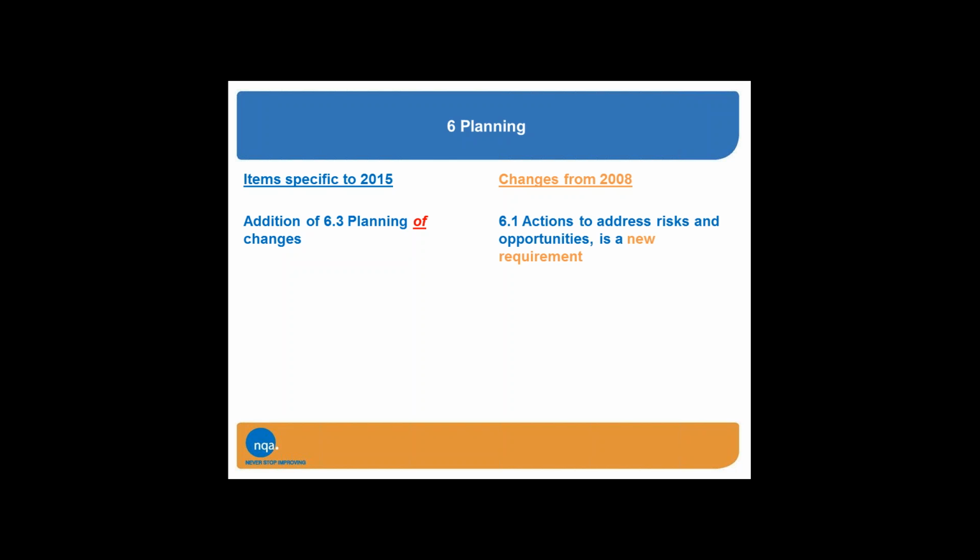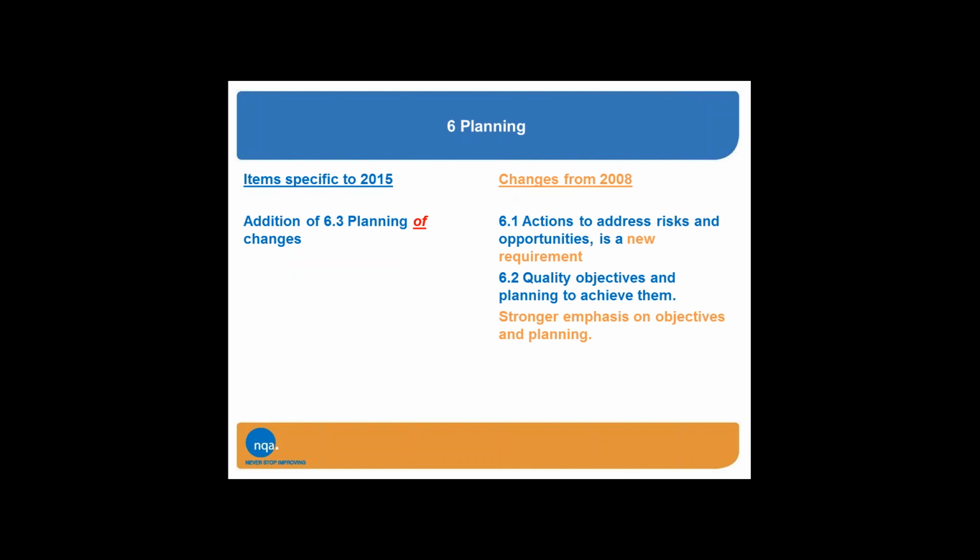What's changed from the 2008 standard in relation to planning? Well, the requirement for actions to address risks and opportunities is in fact a new requirement. You won't find an explicit reference to this in the 2008 standard. Quality objectives and planning to achieve them, well, we do currently in 2008 have a requirement to have quality objectives.